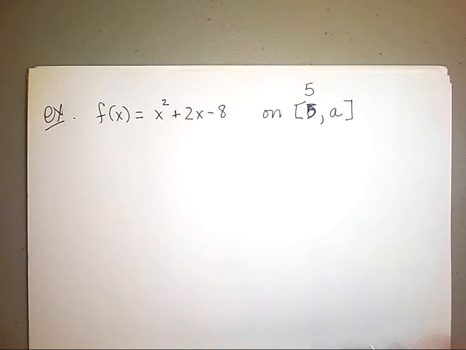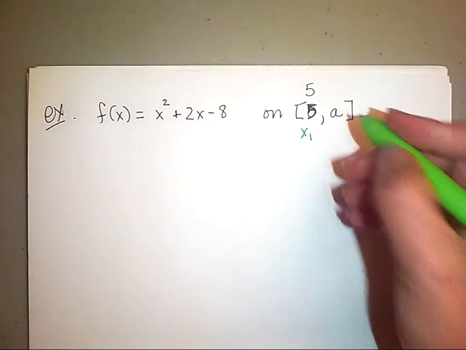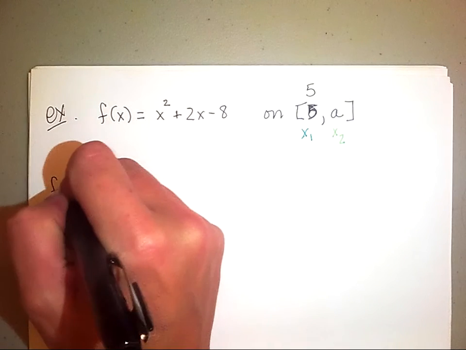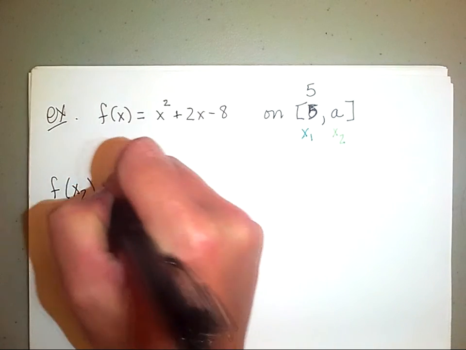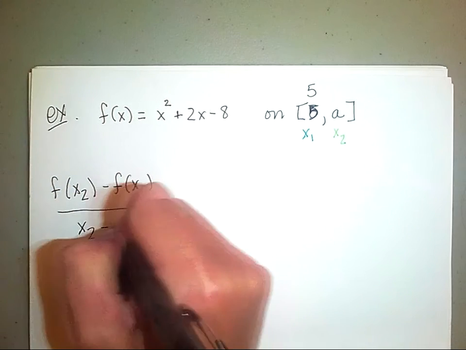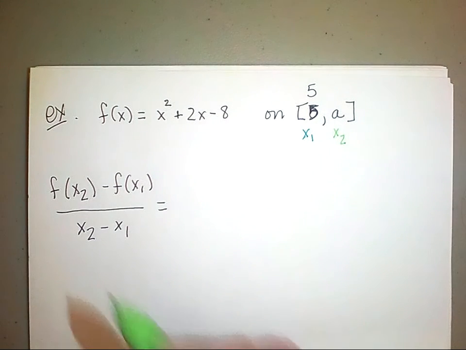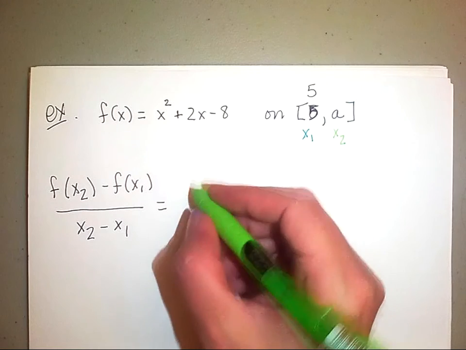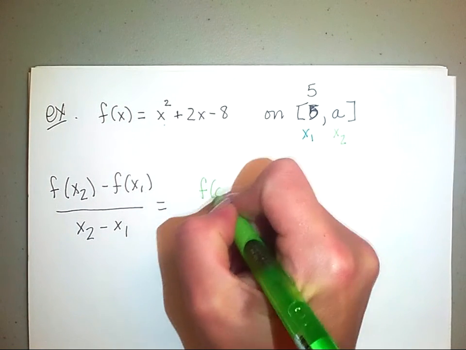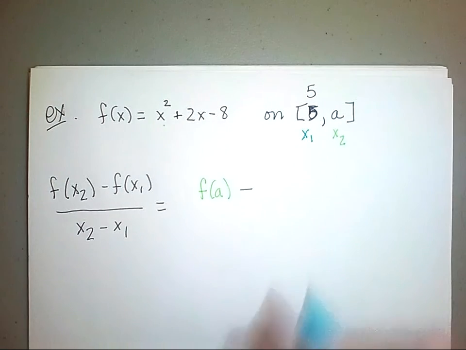And let's do it on the interval from 5 to some unknown value after that. This is the number 5. Okay, and we're looking for the difference quotient, so this will be x1, this will be our x2. And the difference quotient says you take f of x2 and you subtract off f of x1 over x2 minus x1.